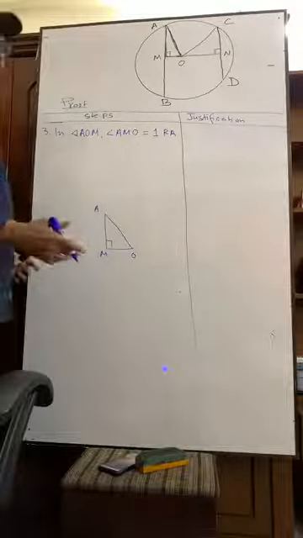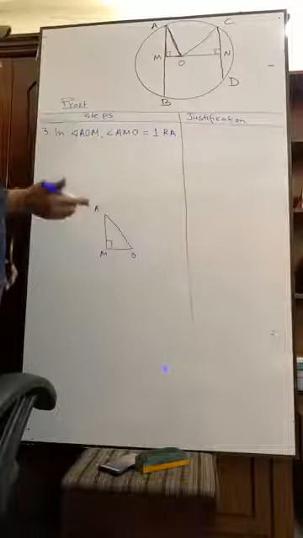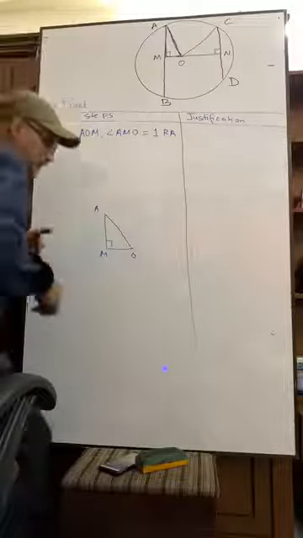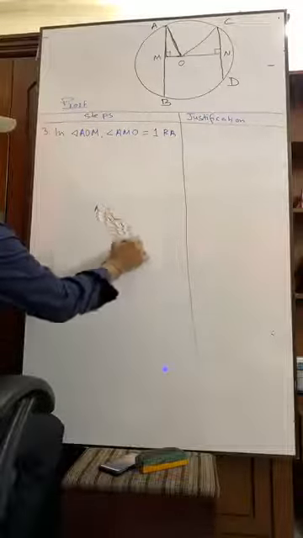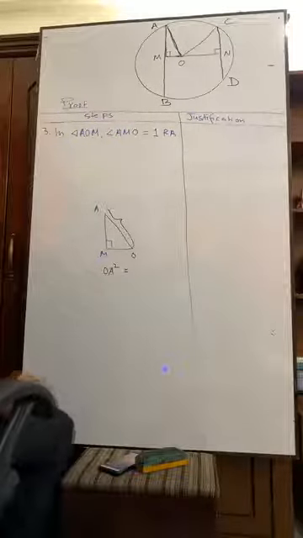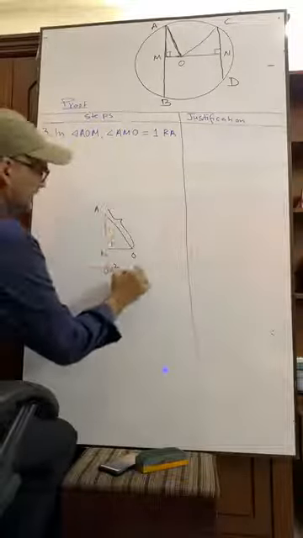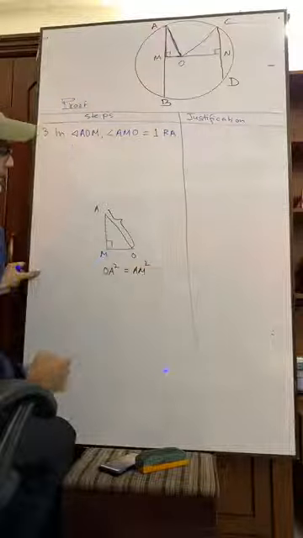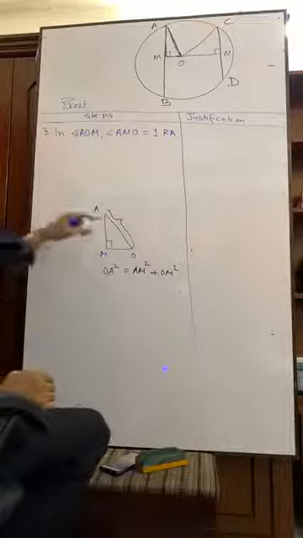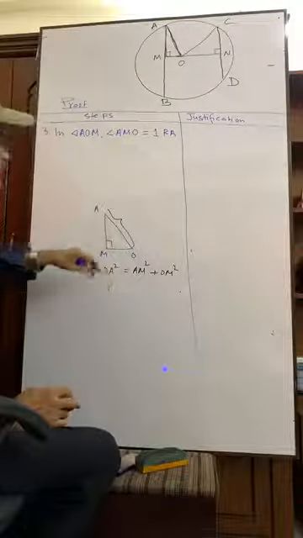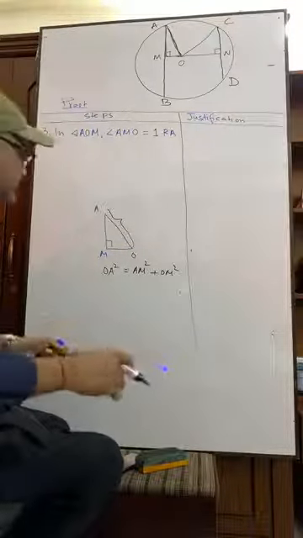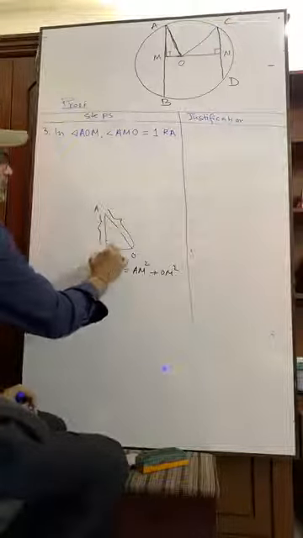So now I can apply the theorem of Pythagoras, and you know what that theorem is. Here the hypotenuse square is equal to the sum of the squares of the other two sides. So what are the other two sides? Here AM square plus OM square. This is the hypotenuse, definitely it is the largest one. So its square is equal to the sum of the squares of the other two sides.